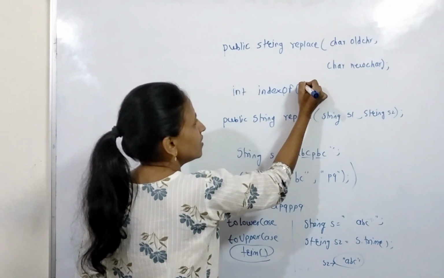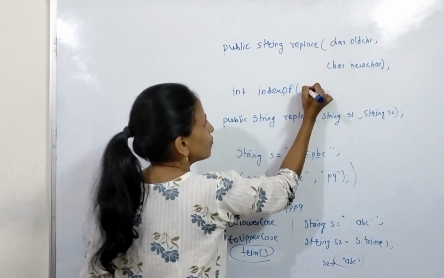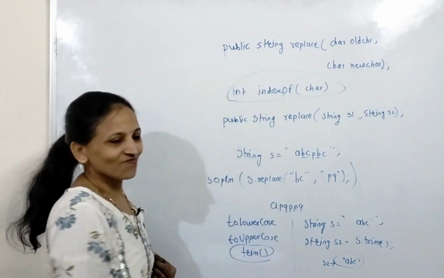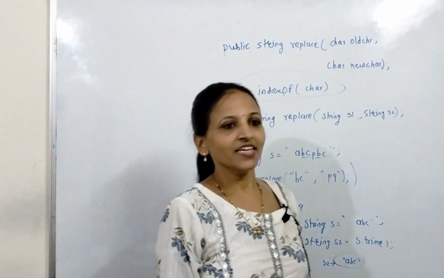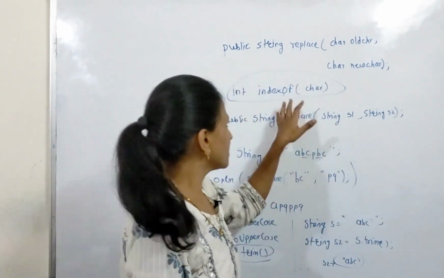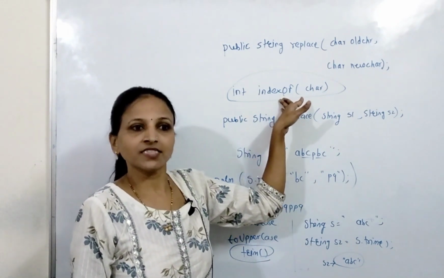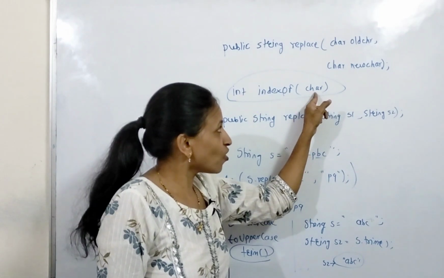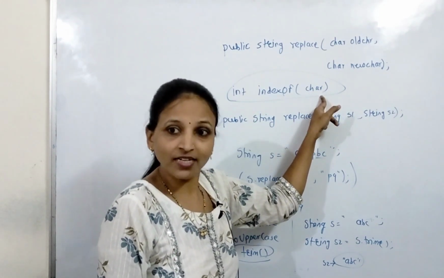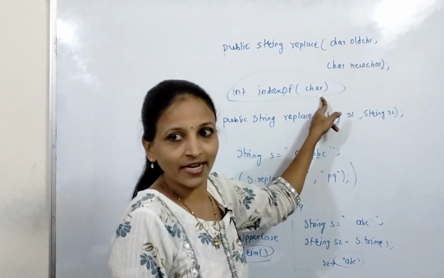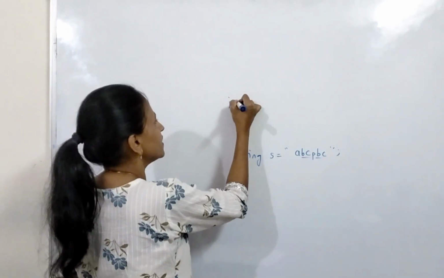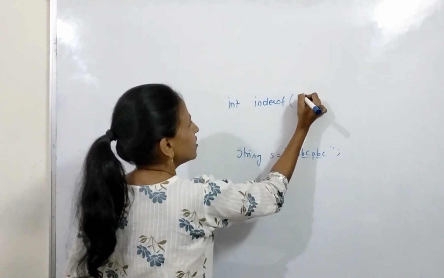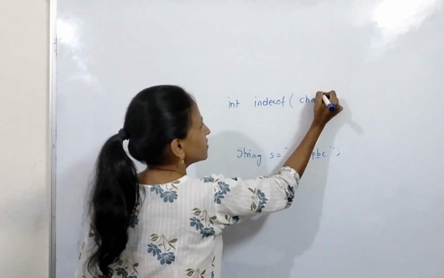Here in indexOf you have to pass one character. See, indexOf is a method present in this String class that will just tell you the index of the first occurrence of this character. The return type is integer, the method name is indexOf, and here you have to pass that character.